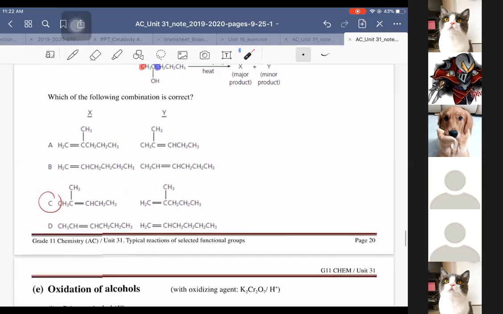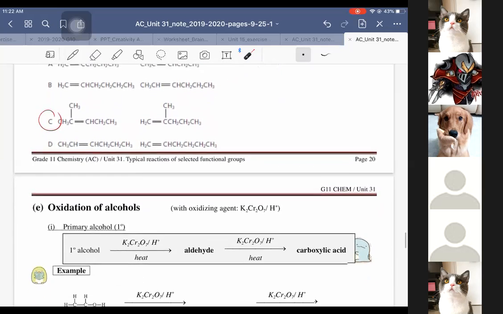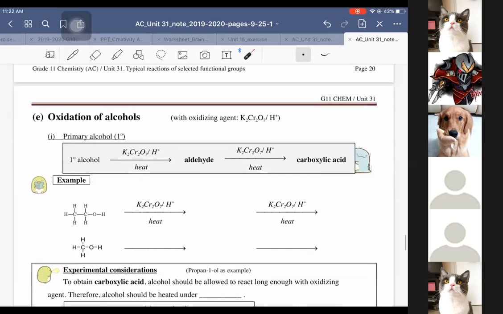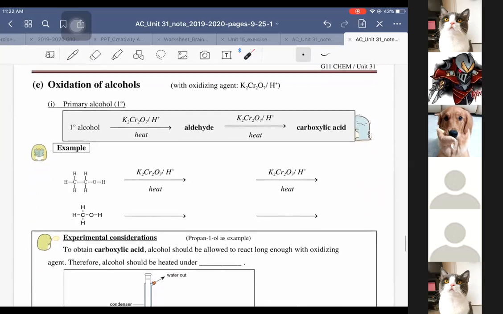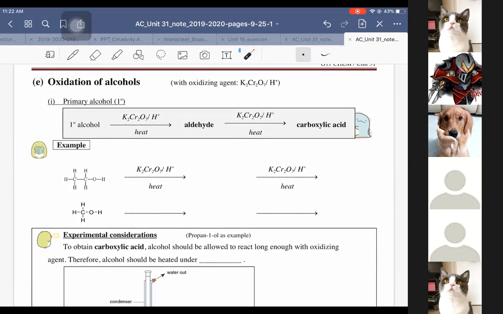So that's the first reaction we're going to learn today. The second one we're going to learn is called the oxidation of alcohol. When doing oxidation, we can use a lot of oxidizing agents. But in this syllabus, we're going to use potassium dichromate.